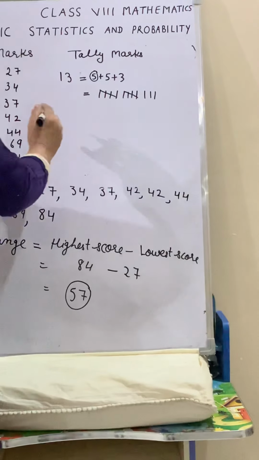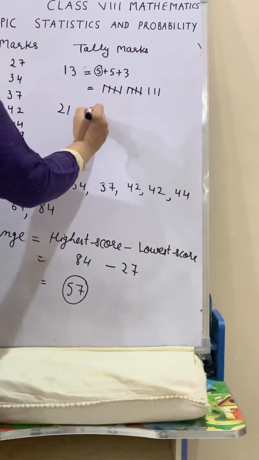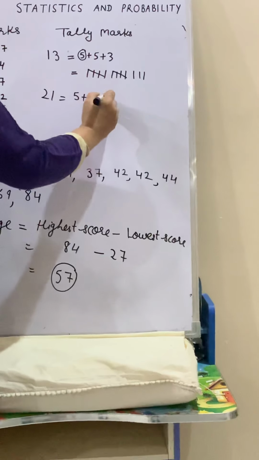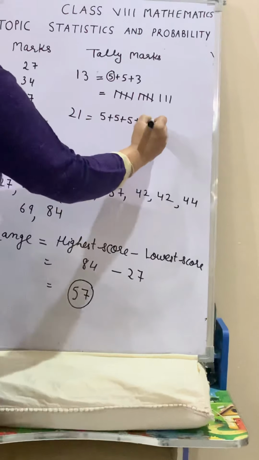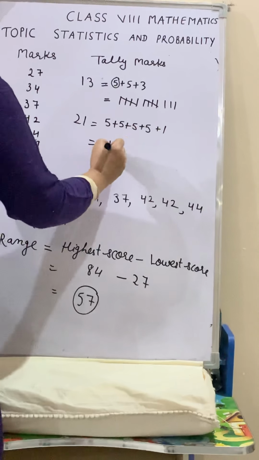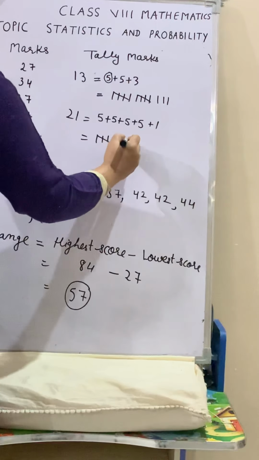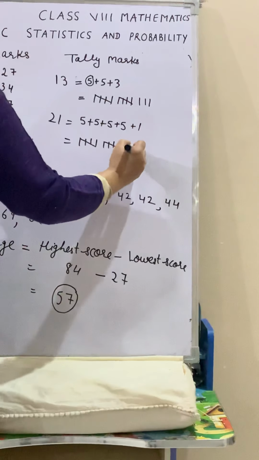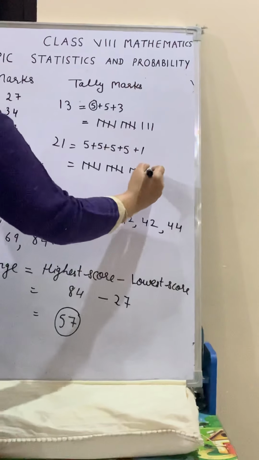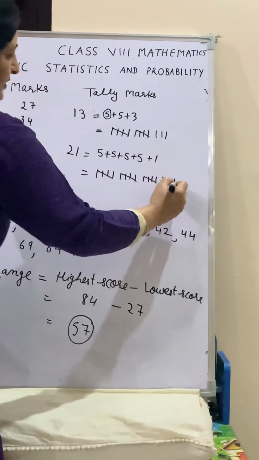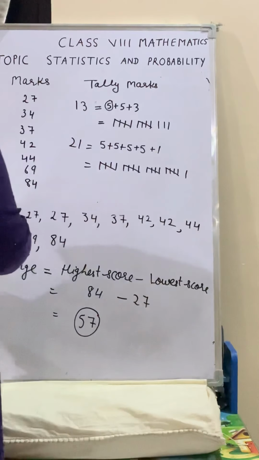If you write 21, 5 four times, 5 fours are 20, plus 1. We will write 5, 5, 5, 15, this is 20 and then 21.